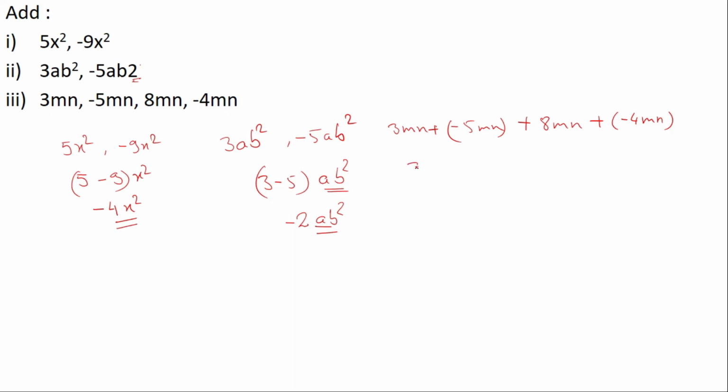So what is left? 3 minus 5 plus 8 minus 4. Take the variable part common. So what we will get? 3 minus 5, minus 2. That means we will get 2mn. Solve it, you will get 2mn as the answer.